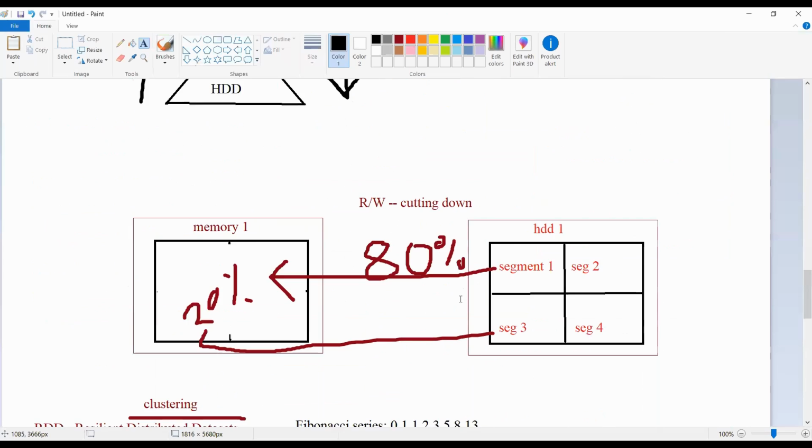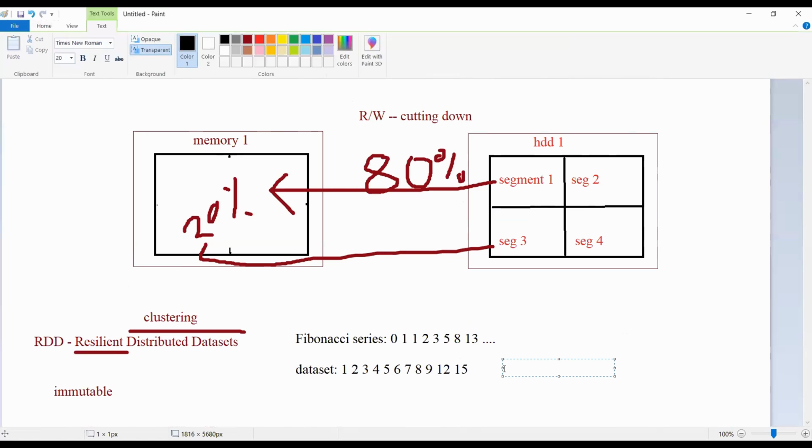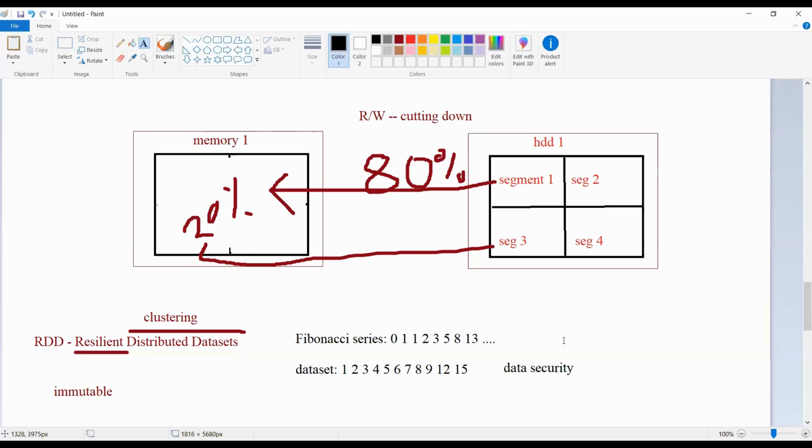But if you're trying to write into the same dataset itself, that is not allowed in Spark, and that comes for the reason of data security. If it allowed you to modify the data for this extrapolation purpose, then you would be manipulating and changing your data set itself, which should not be permitted.